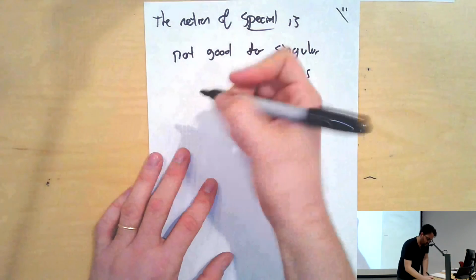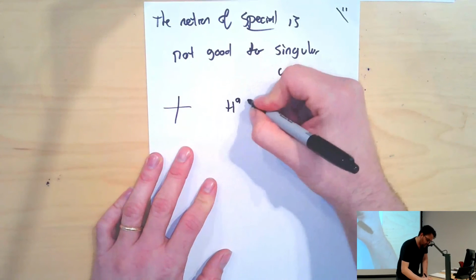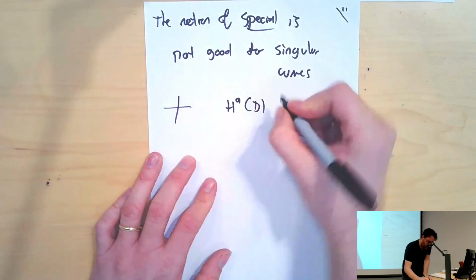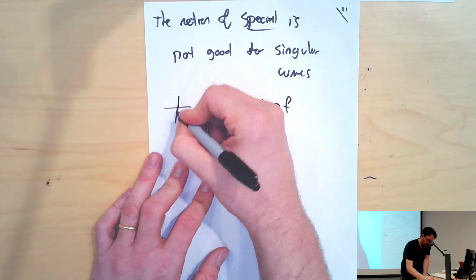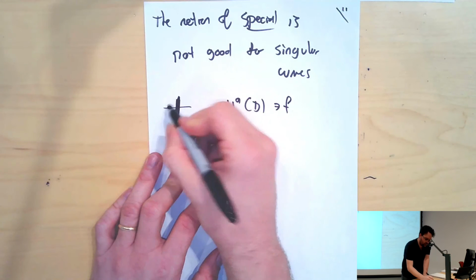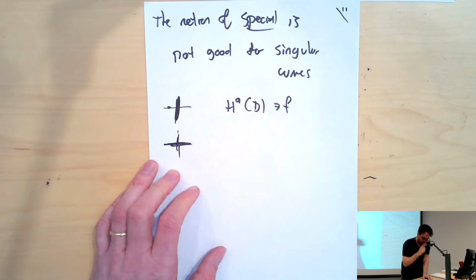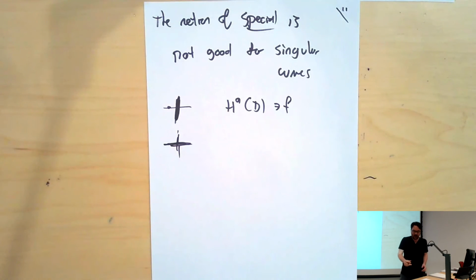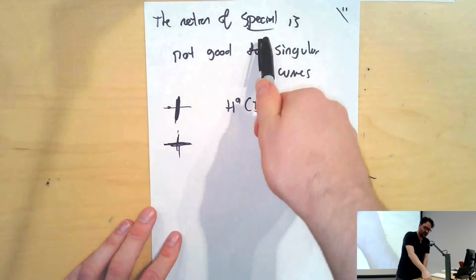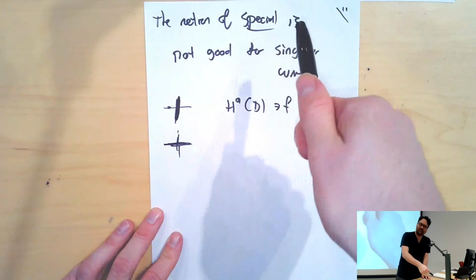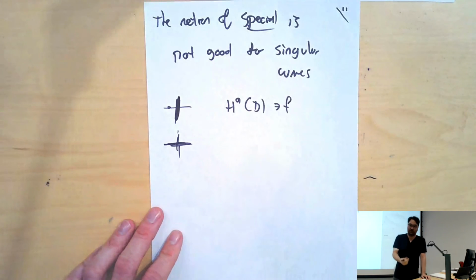Just as a hint of what the problem is, these spaces H⁰(D) still exist, but if you have some f in here, maybe f vanishes identically on one component and has some zero here, or vanishes identically here and has some zero there. So basically, it's very rare that a divisor on a singular reducible curve is special in the traditional sense.